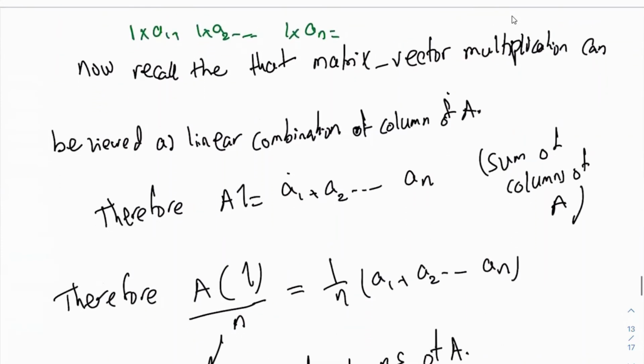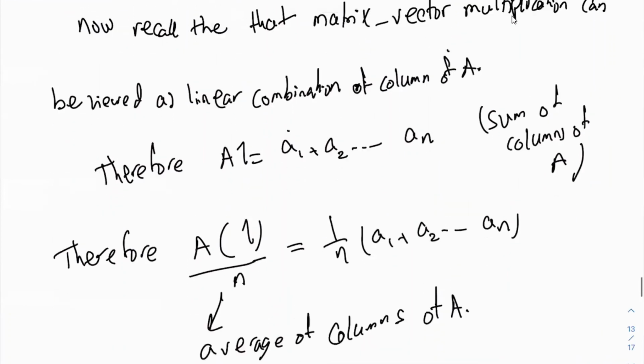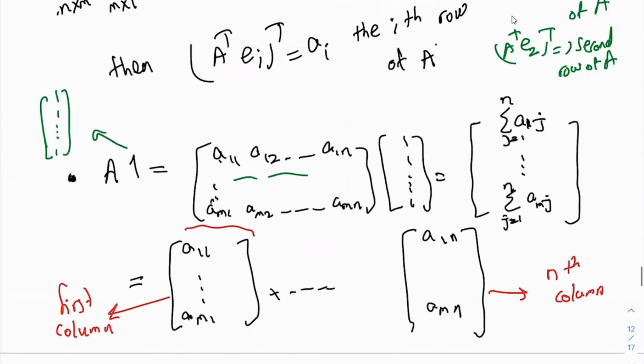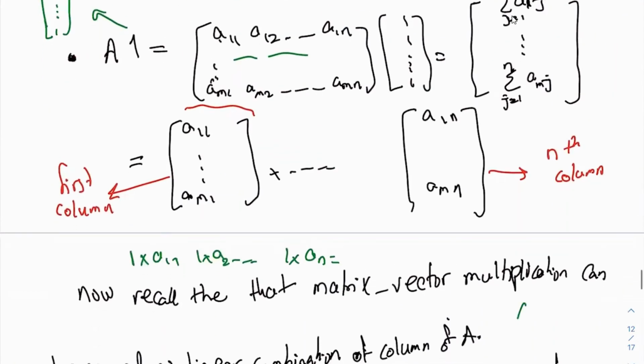Here I said a linear combination of the columns of A. I'm talking about getting an average of the columns of A. Remember, when you multiply by the one vector, you get the sum of the columns of A. But what if you multiply A by the vector 1 over n, all the way 1 over n?